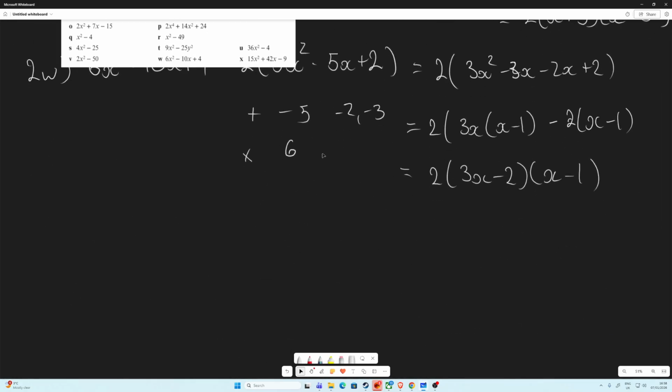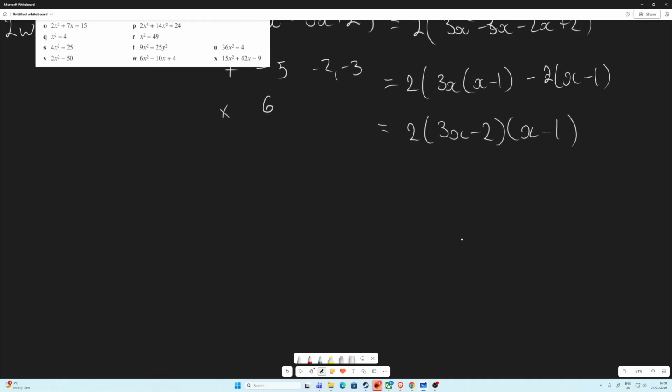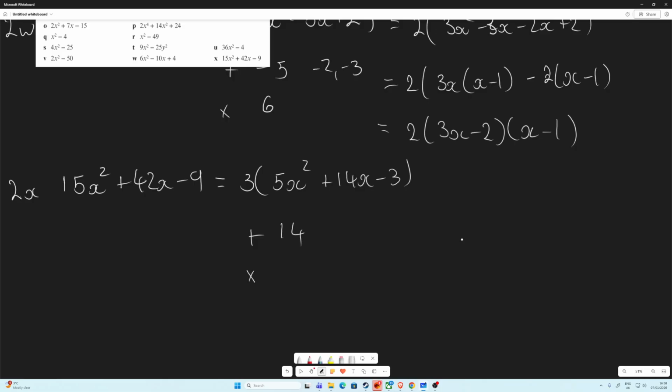And the last problem, to x. Okay, let's write it out. 15x squared plus 42x minus 9. Let's take a factor of 3 out, so that's 3 into 5x squared plus 14x minus 3. So two numbers that add to 14 and multiply to negative 15, which will be 15 and negative 1.